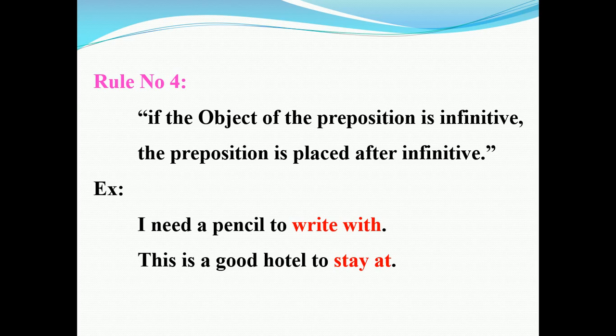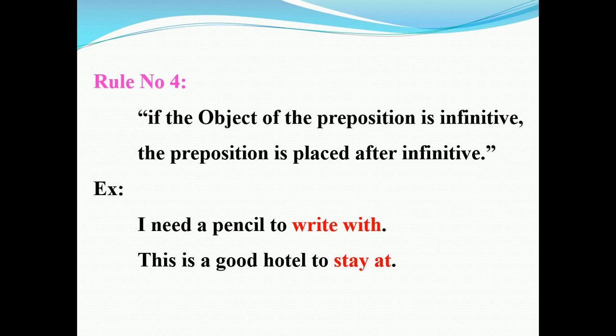Next example. This is a good hotel to stay. But we are adding a preposition with that. Why? We have to use the preposition at the end. Then and there only it will communicate the complete sense. Because the rule says that if the object of the preposition is an infinitive, what is the infinitive here? To write. To write is the infinitive. The preposition is placed after the infinitive, not before the infinitive.